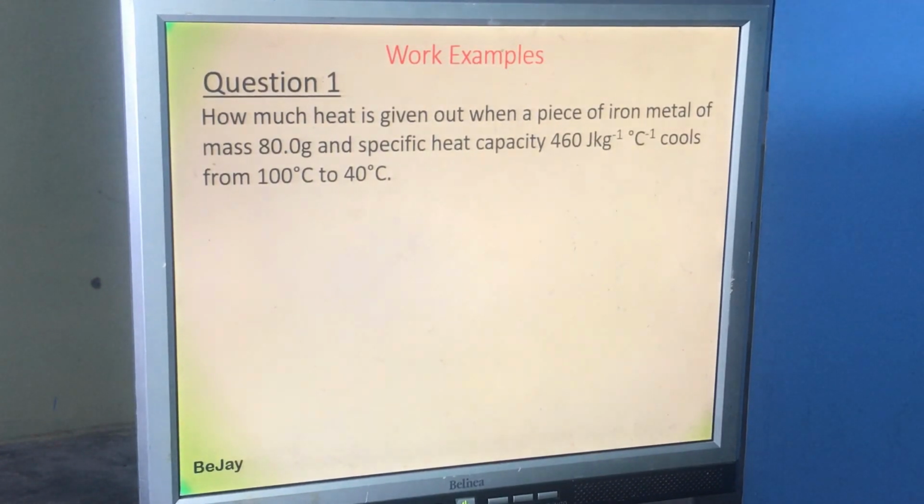So let's look at this example. How much heat is given out when a piece of iron metal of mass 80 grams and specific heat capacity 460 joule per kilogram per Kelvin or per degree Celsius cools from 100 degrees Celsius to 40 degrees Celsius?